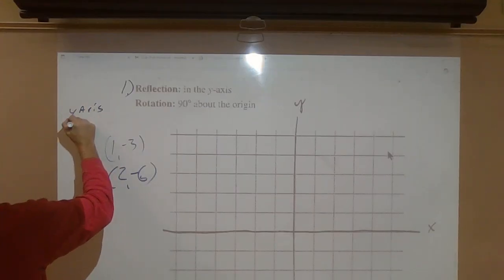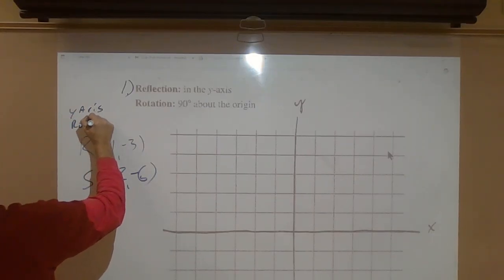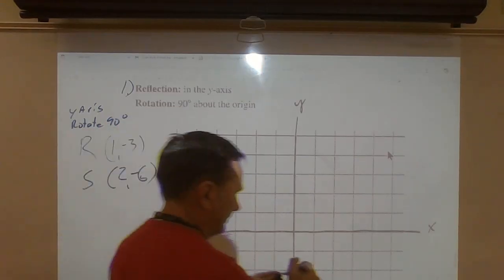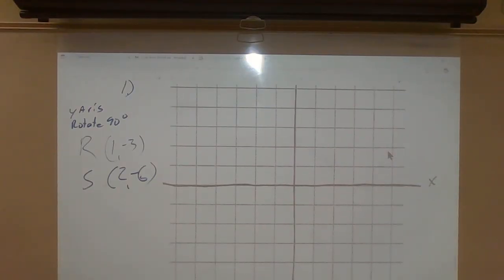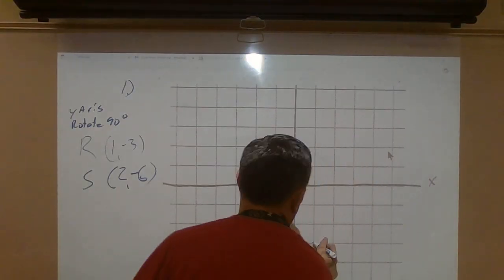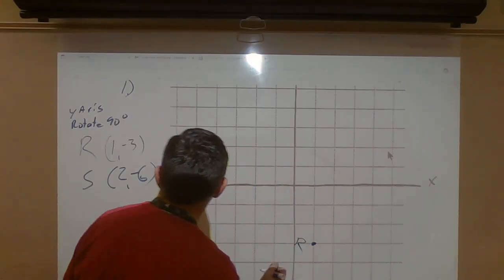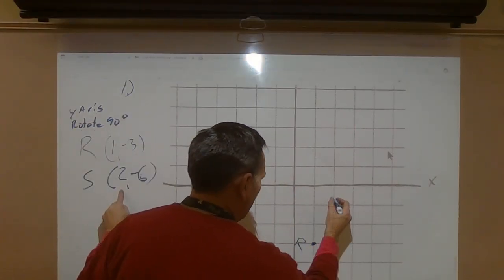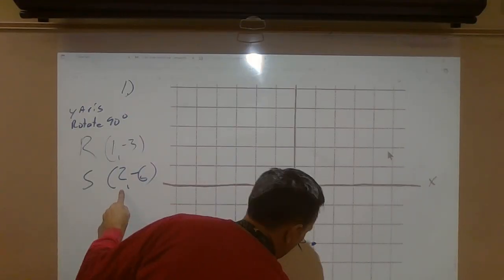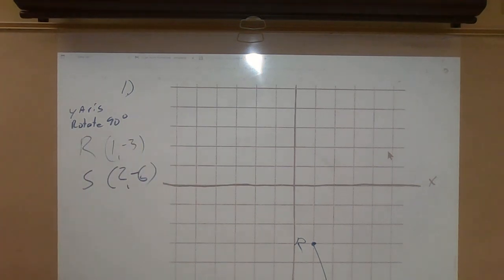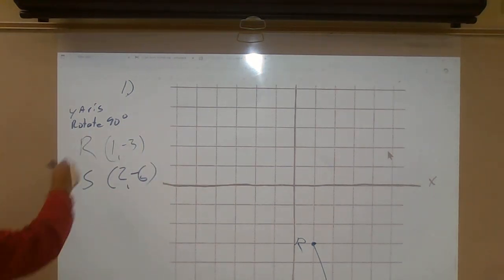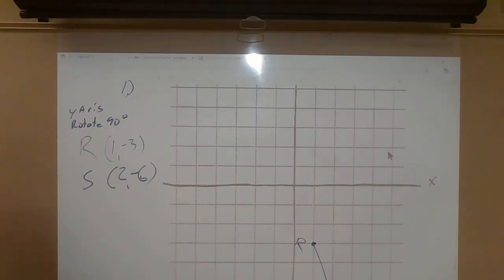And then we have a rotation of 90 degrees. Negative 3, here's R. And S is 2, negative 6. 1, 2, 3, 4. So we have this line. So the first thing, we have a reflection across the y-axis.